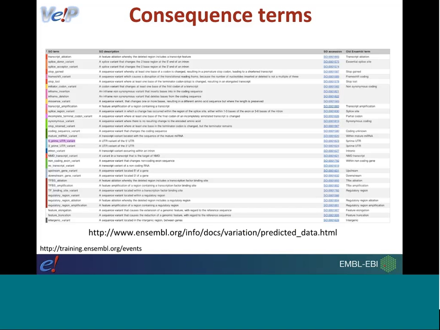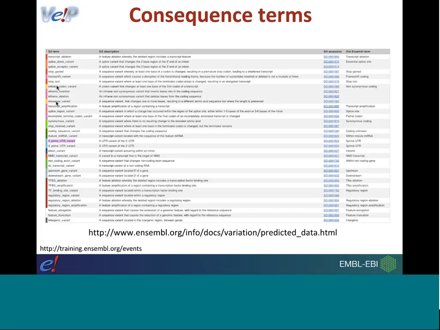Each of the consequences is described in our documentation. You can see there's a link at the bottom. You can also see that all of the consequences are color coordinated. The reds and the more danger colors, the oranges and the yellows, are variants and consequences that are going to have much more of a direct effect on the protein structure and function. They might be things like the loss or gain of a stop or start codon, or a missense variant, for example.